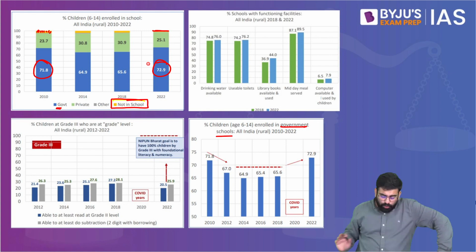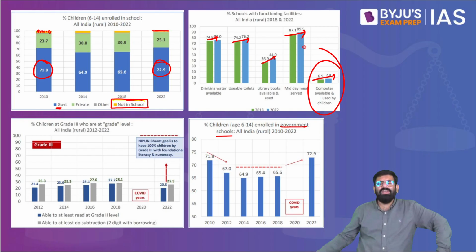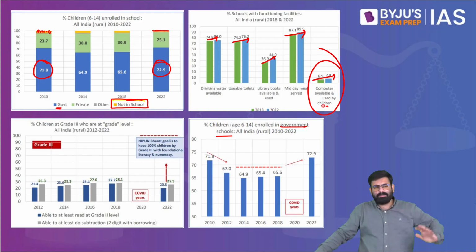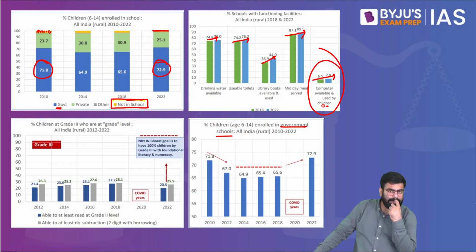Apart from this, if you look at the basic infrastructure, you'll find that there has been a betterment in these years. But look at the availability of computer labs, and they have also mentioned the labs which are used by children, because in a lot of government schools those labs are merely there, they are ornamental, they're never used, they do not let the students use them.